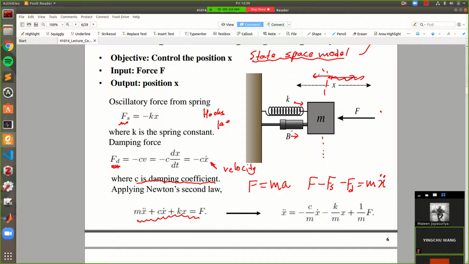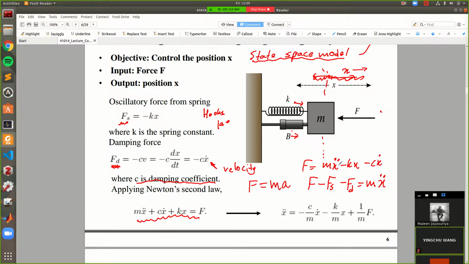Yeah, so actually what has been done is I've measured x this way, because if I subject F here, what I get is m x double dot, and minus Fs plus Fs will be minus kx and minus c x dot.